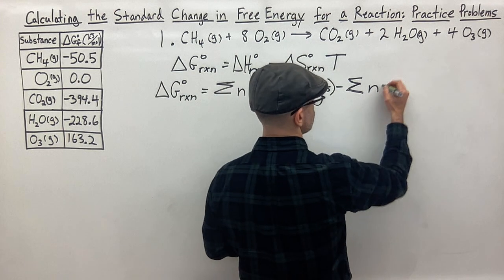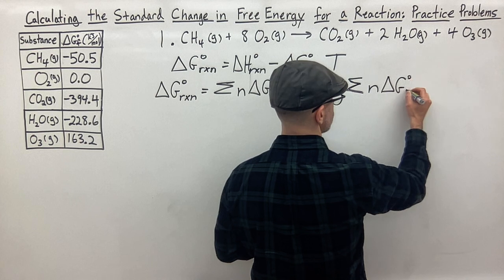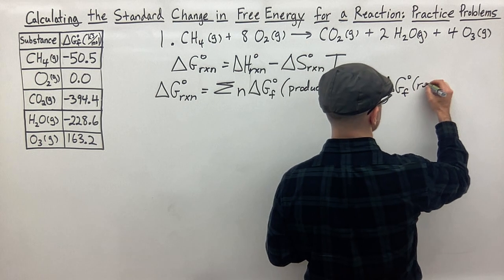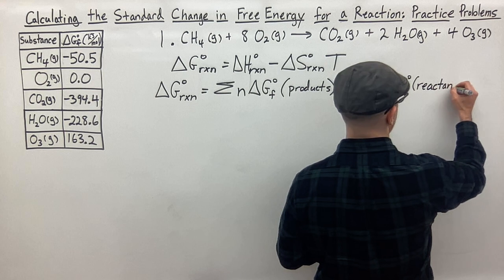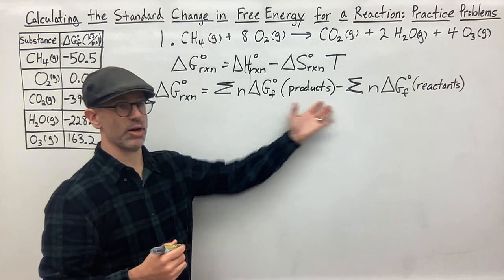So the molar coefficients n multiplied by the standard free energy of formation of the reactants. And so this is the equation I'm going to show you how to use today.